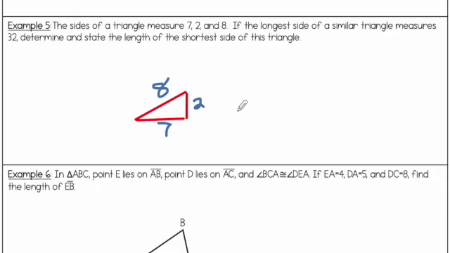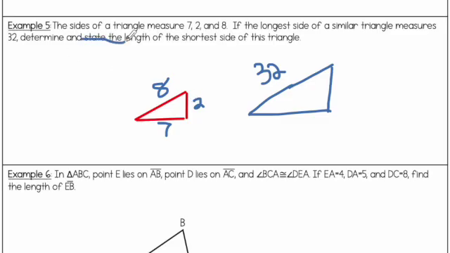And in our next triangle, the largest side, I'm not drawing this perfect, but I just need to make a diagram, is 32. Well, 8 times what gives me 32? 8 times 4 gives me 32, so this is a scale factor of 4.